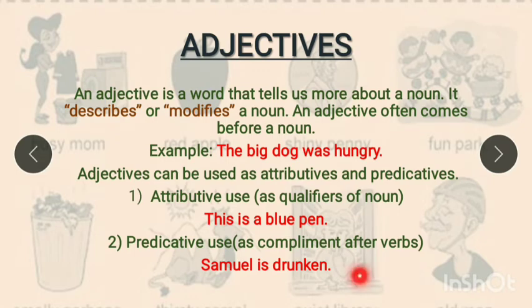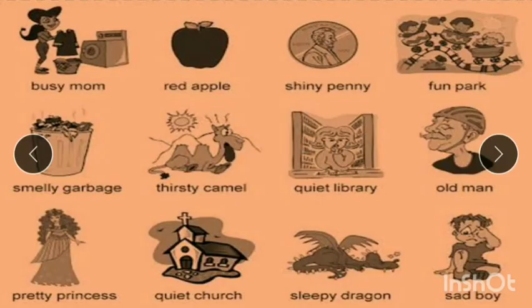Here, Samuel is drunken. We know that Samuel is the noun, is is the verb, and drunken is actually an adjective which comes after the verb. When the adjective comes after the verb, it complements the verb. That is the predicative use of adjectives. Here, busy mom.